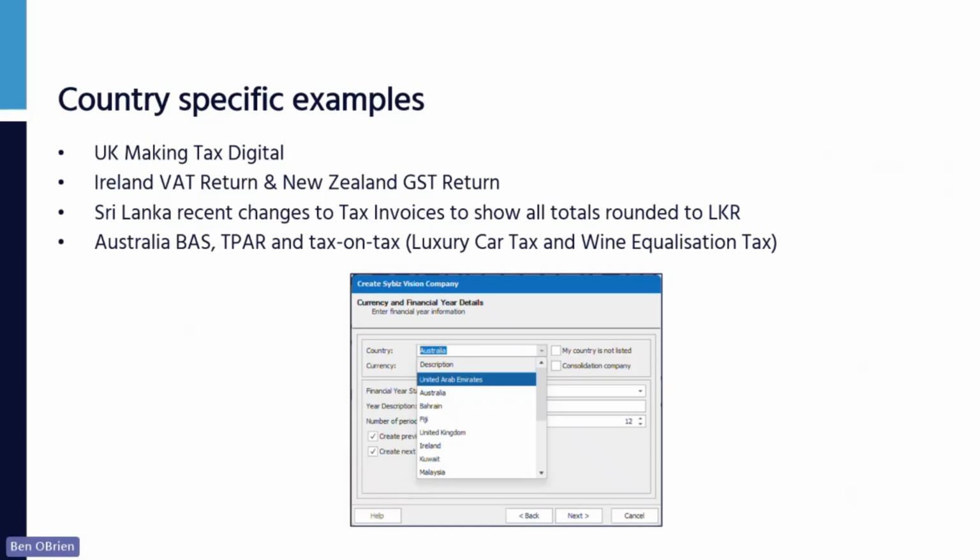And just finally, our final slide, just to talk about a couple examples of country-specific functionality within Sybiz Vision. So in the UK, we have Making Tax Digital, which is essentially a process to lodge the VAT return directly with HMRC.